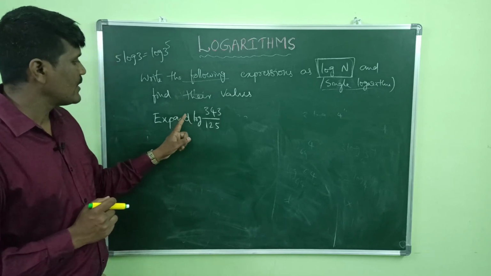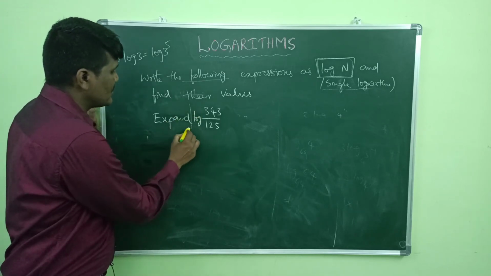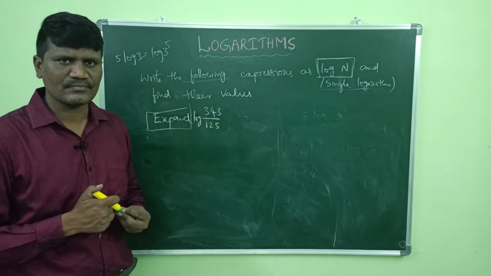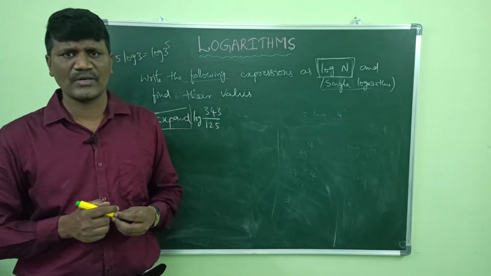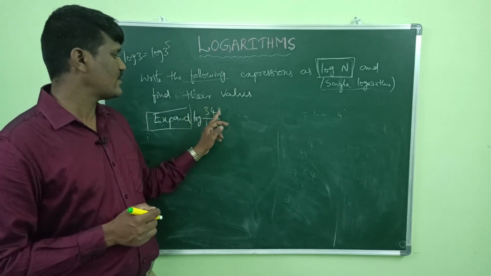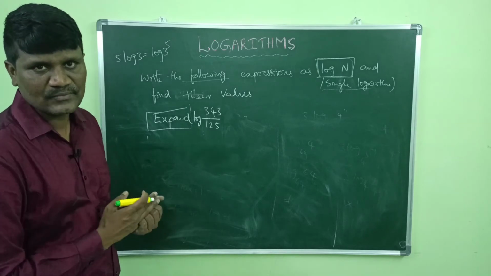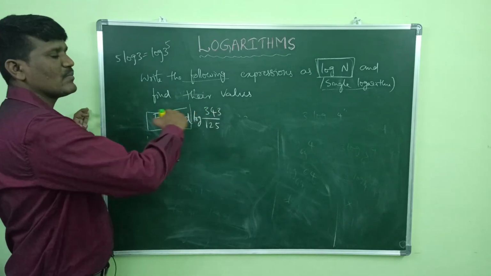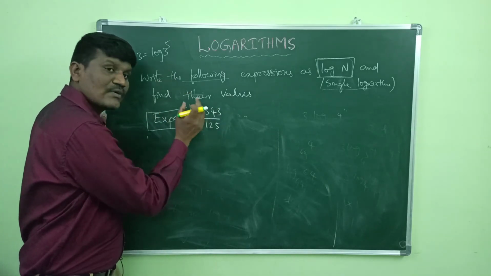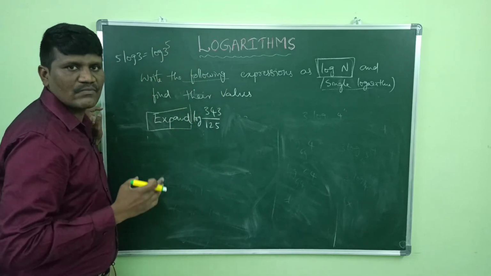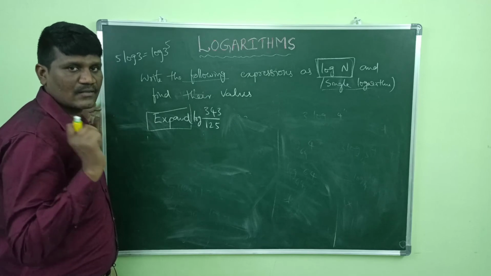The question is expand log 343 by 125. This is also a most important problem. The base is not given, so we need not bother about it. It is the reverse of the previous problem. In the previous problem 2-3 logarithms were given and we converted them into a single logarithm.